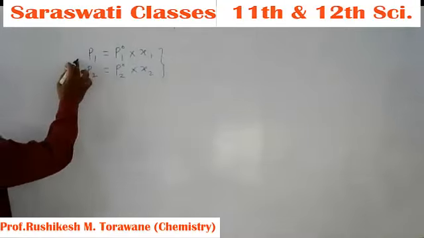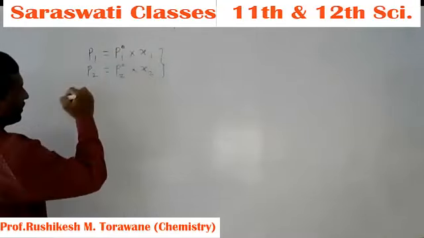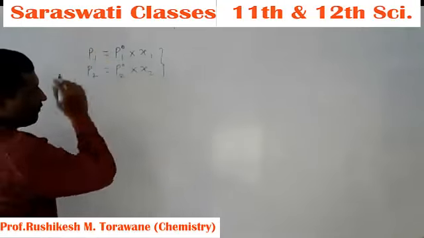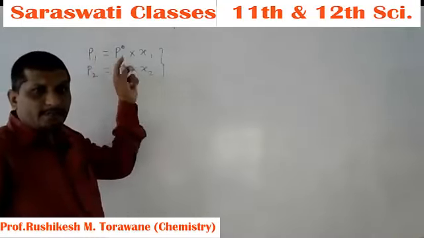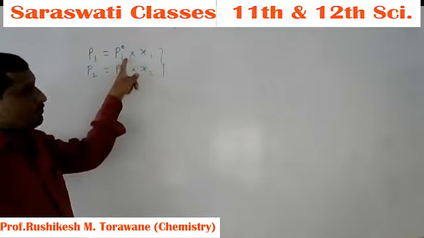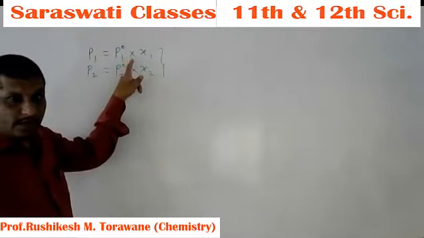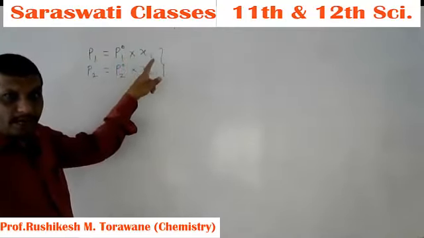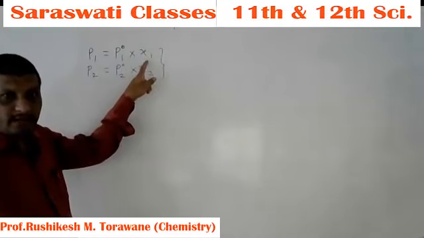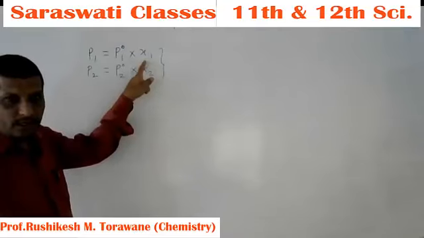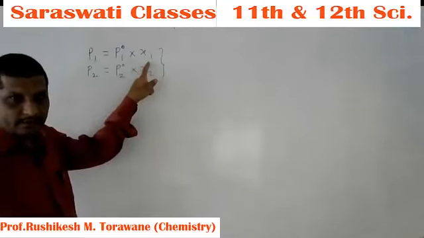Partial vapor pressure of the first component is the product of the vapor pressure of the pure component multiplied by the mole fraction of that component. Very easy to understand here.